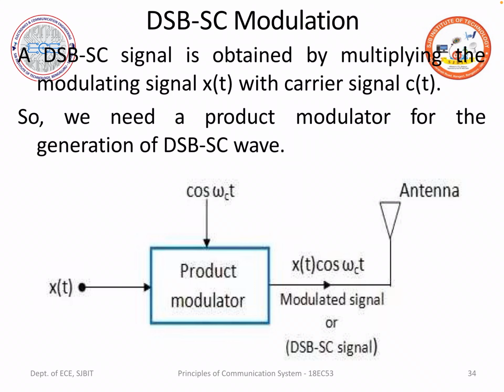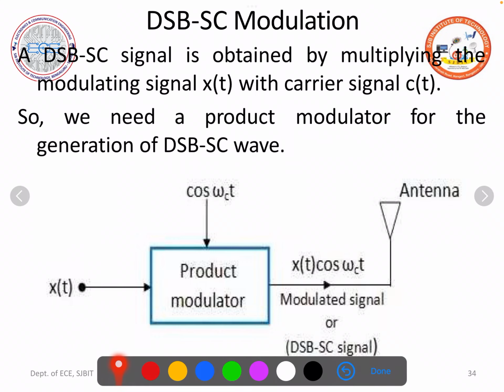That is the DSBSC concept, where no power is wasted on the carrier, and power is invested only to carry the sidebands, so that the signal becomes stronger over longer distances.